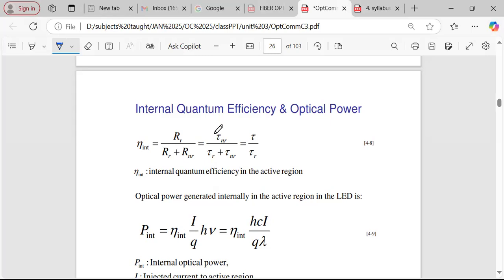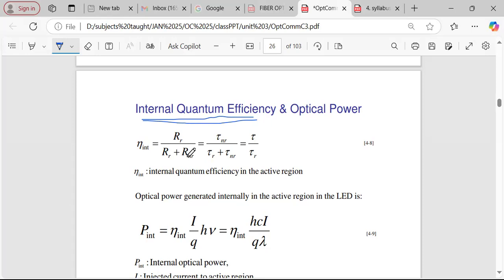It means the recombination of electron and hole pairs which gives optical power. So in this case, we are considering only the radiative power. So this is given by the ratio of RR divided by RR plus RNR.